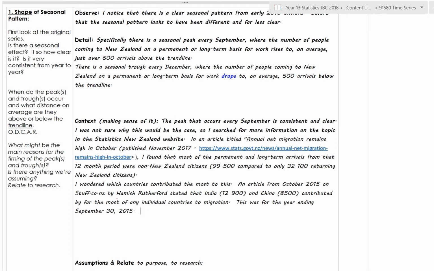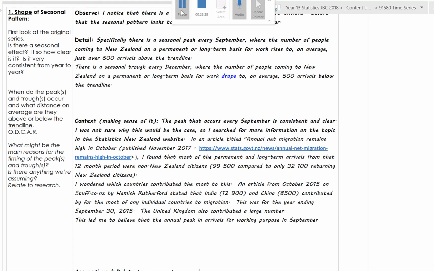So I'm going to write down the United Kingdom also contributed a large number. So this led me to believe that the annual peak in arrivals for working purposes in September could coincide with the end of the summer holidays in the Northern Hemisphere for those who are studying.